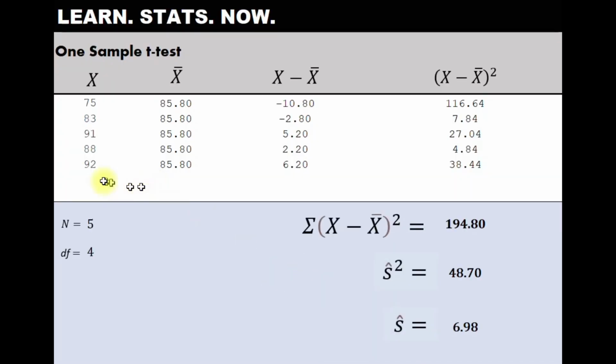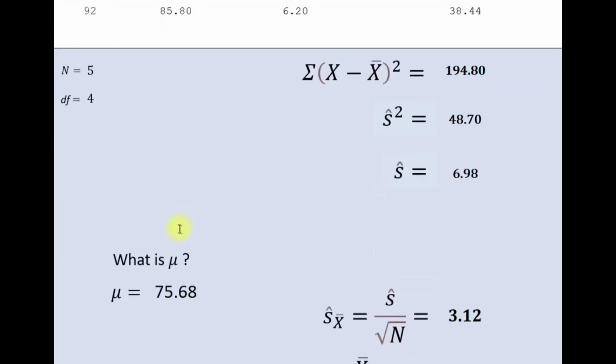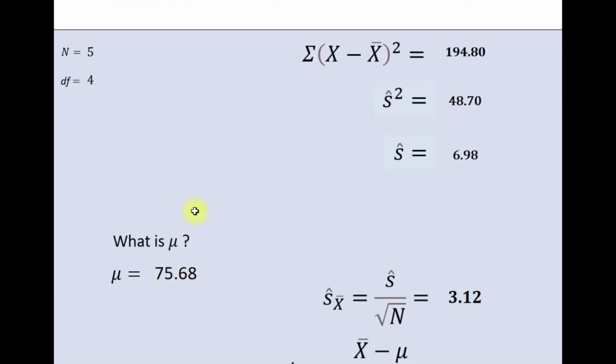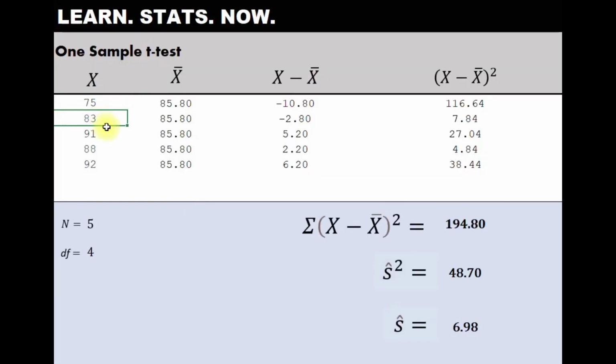Now the other way we can affect this is by changing the size of the standard error of the mean, or the estimated standard error of the mean. So if I came back up here, you'll notice that these raw scores are spread out quite a bit. What if we left the population mean at 75.68 and then I made all of these scores a little bit more consistent?